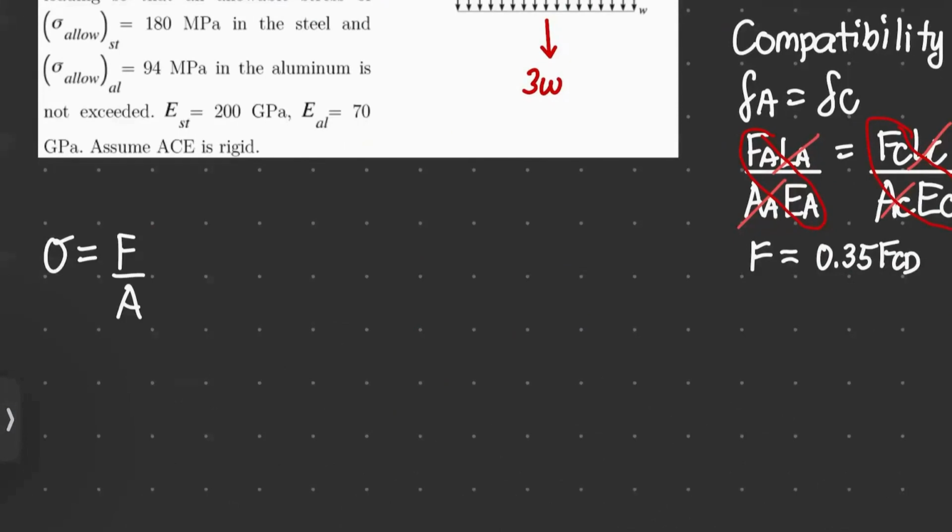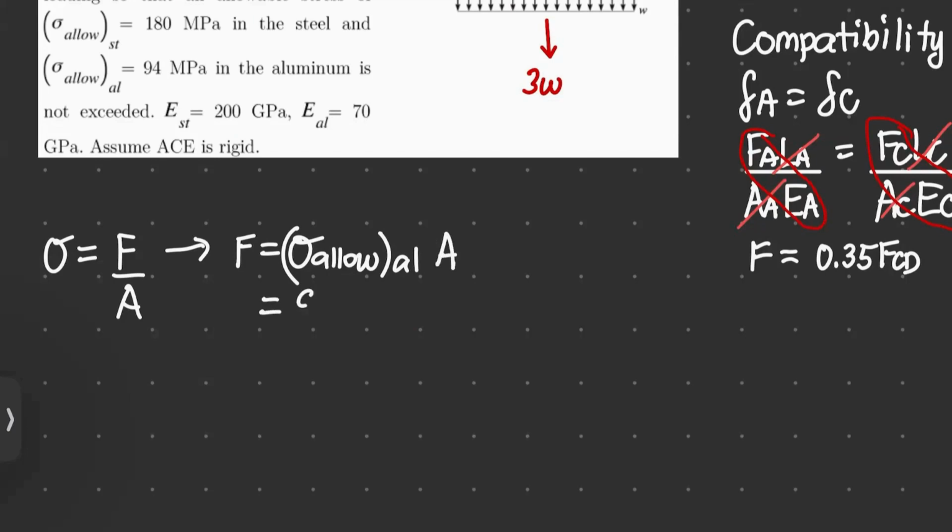Converting this equation, F is equal to sigma allowable for aluminum, since we assume failure at AB and EF, times the area.